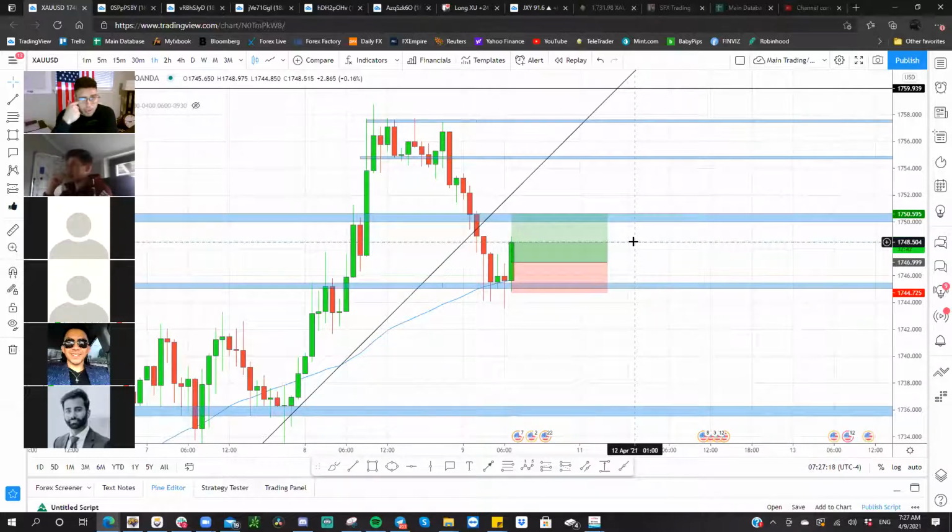It's tricky. I mean, every pair is different too. I have different rules for every pair in their own respect, but for the most part I have the same rules for my trading plan. But when it comes to risk management, pairs differ.